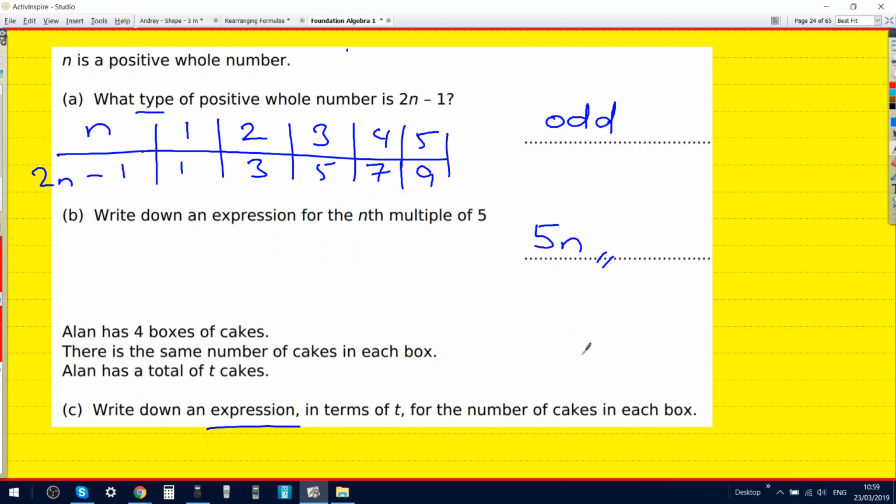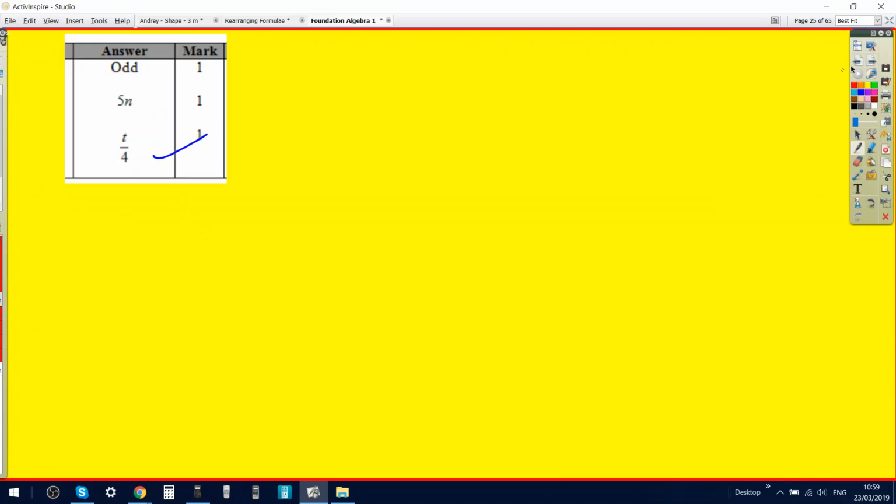I'm lost. I'm not sure what to do. What if the total was 12? Would you do 12 divided by 4? Yeah, and the total is T? So it'd be T divided by 4. Yes. That's it. There you go.